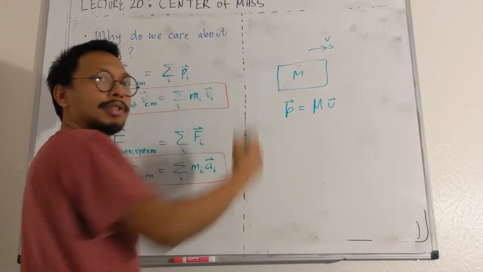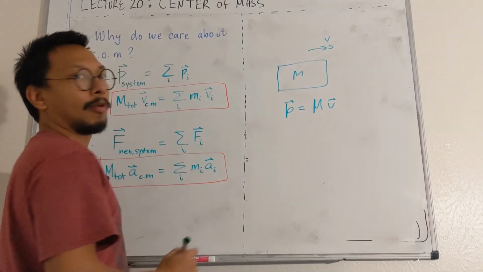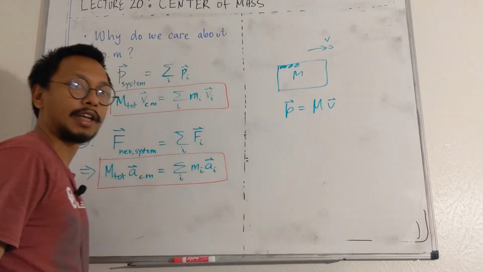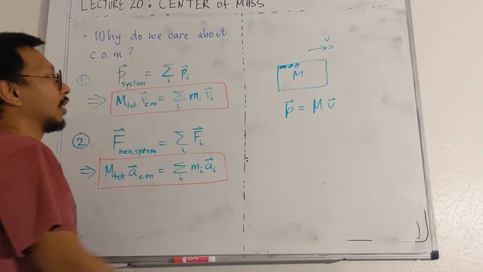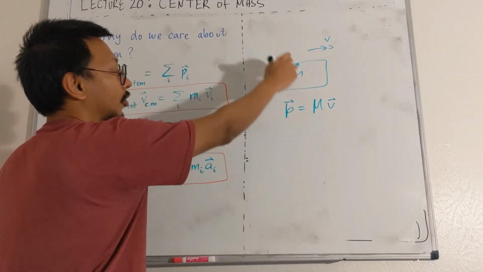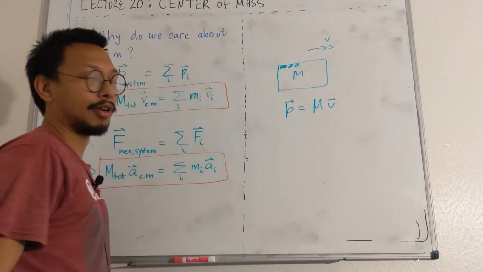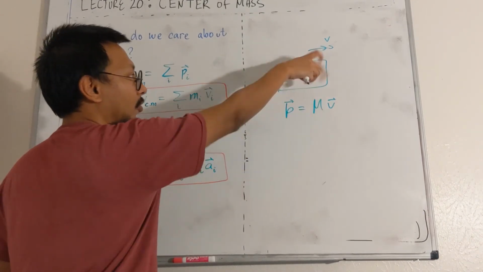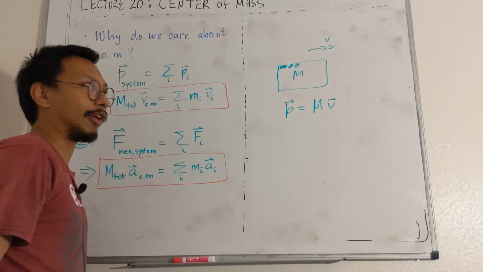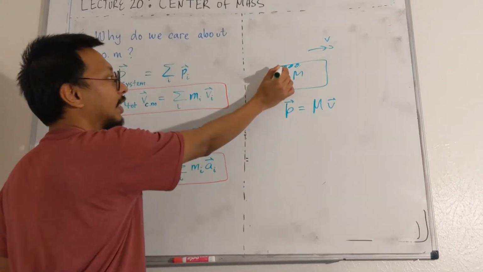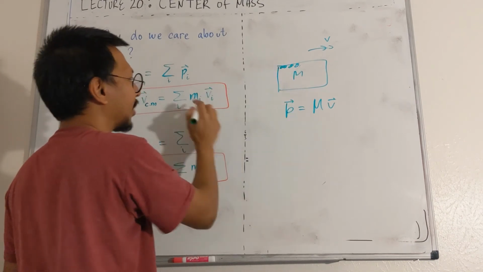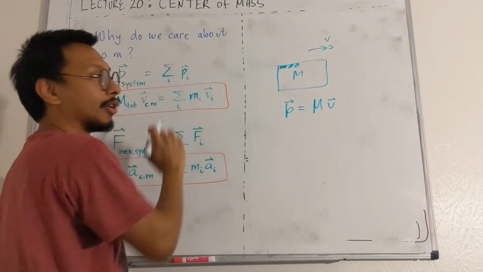Now this box is a system, but we have to remember this box is made up of millions and millions of tiny particles. It is obviously easier to consider this whole system together and say momentum is the total mass of this box times its overall velocity of moving in the rightward direction, than taking each of these separate particles and summing all their separate momenta together.